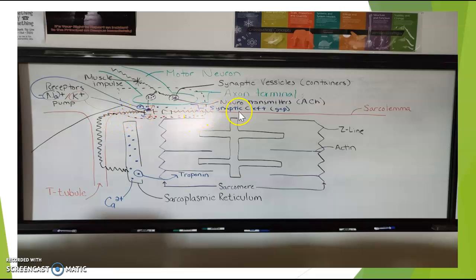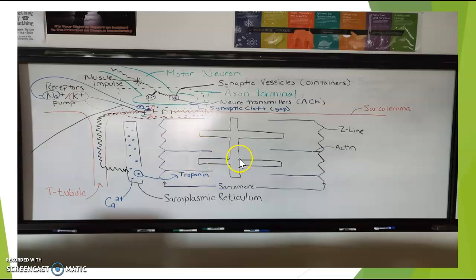Also on the surface of the sarcolemma, or the cell membrane, are little doorways. These doorways are called T-tubules. Doorways, as doors do, they allow things to enter a cell. Once inside the cell, we have this structure here, the sarcoplasmic reticulum, and inside of the sarcoplasmic reticulum is calcium.